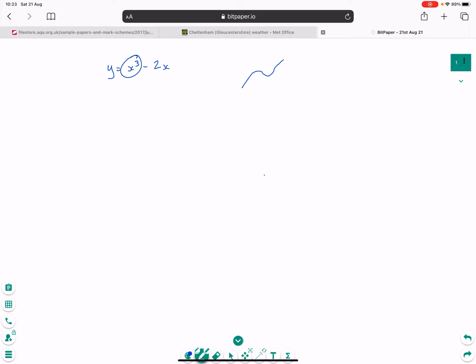If it's positive, which that one is, then you go like that. You go up from the bottom left. So if I draw the graph, it'd be sketchy, but there we are. Y-axis. X-axis.